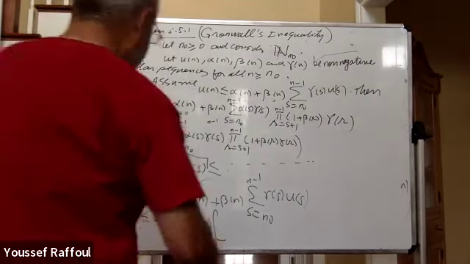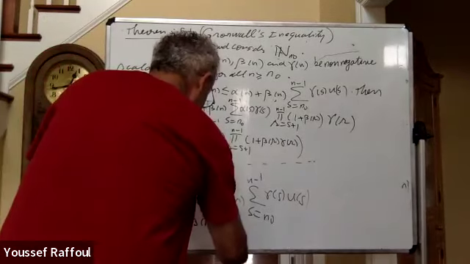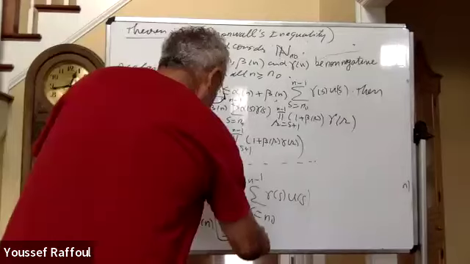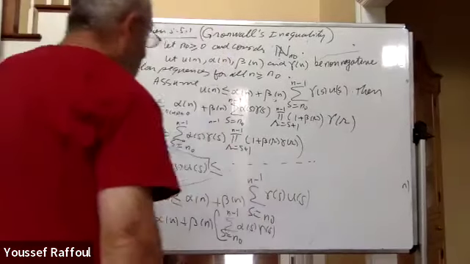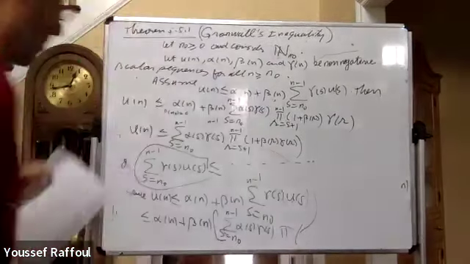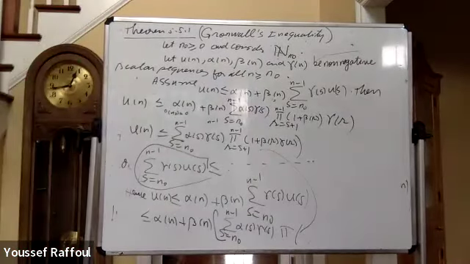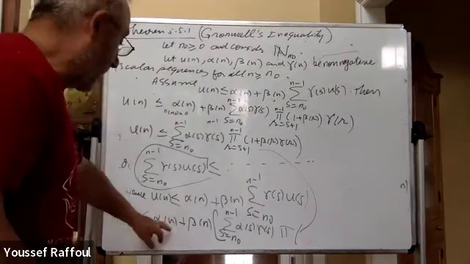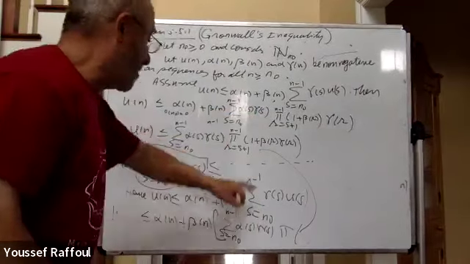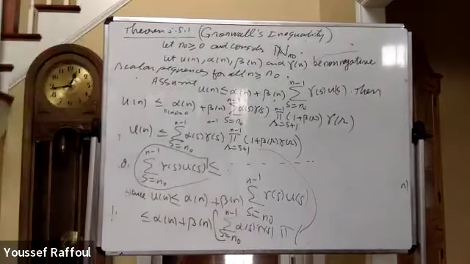So that would be the sum for s equal n0 to n minus 1 of alpha s gamma s times the product, all that here. You see it? And that gives us this one. Look at it. Alpha n plus beta n times all that. And that is this one here. And you will get it.